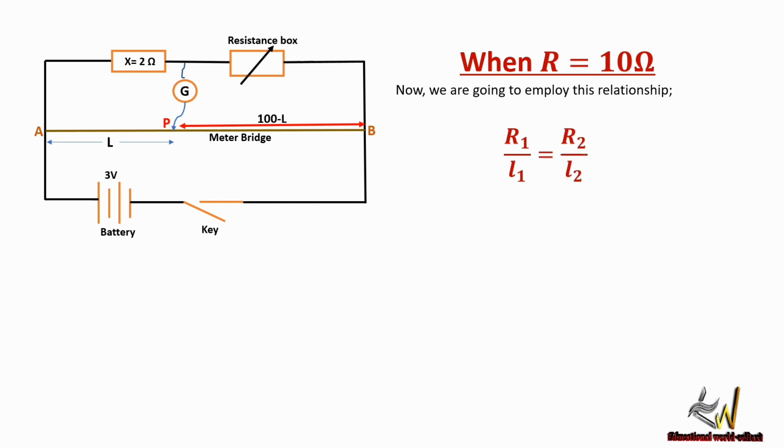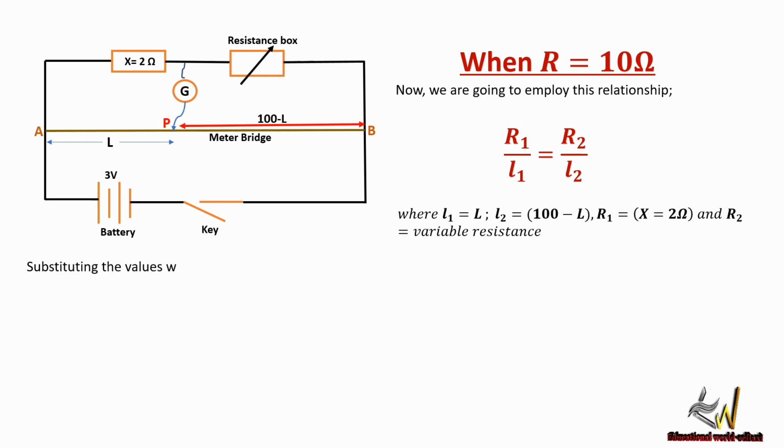Remember, L1 is the distance AP, which is L, and L2 is the distance PB, which is 100 minus L. R1 is the unknown resistance X, which is 2 ohm, and R2 is the variable resistance, which is for now 10 ohms. So we now substitute all these values into the relationship, which gives us that 2 over L is equal to 10 over 100 minus L.